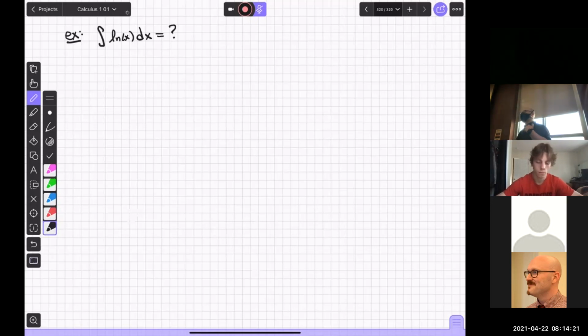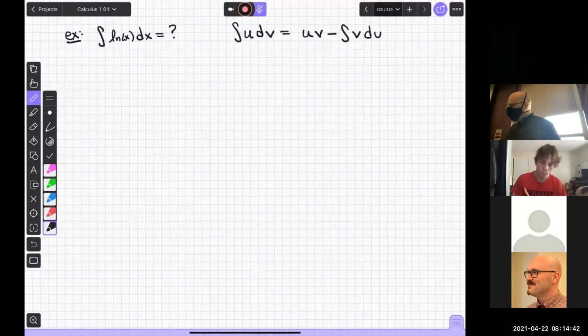Okay, so we have to identify two different things now. So let's rewrite the theorem. It says that we have this, and it's going to be equal to this minus that.